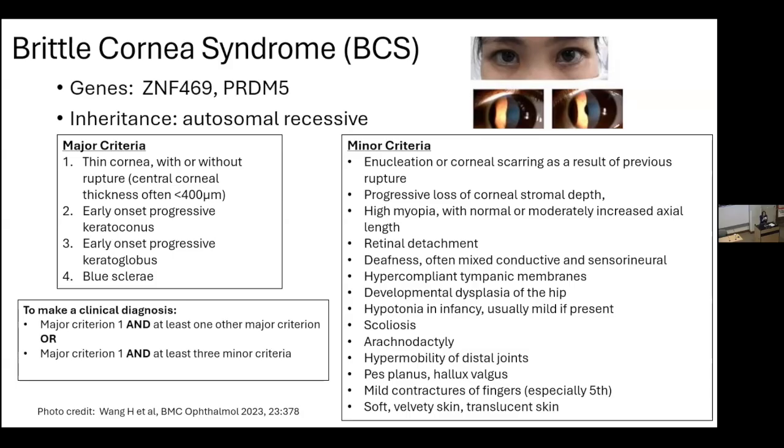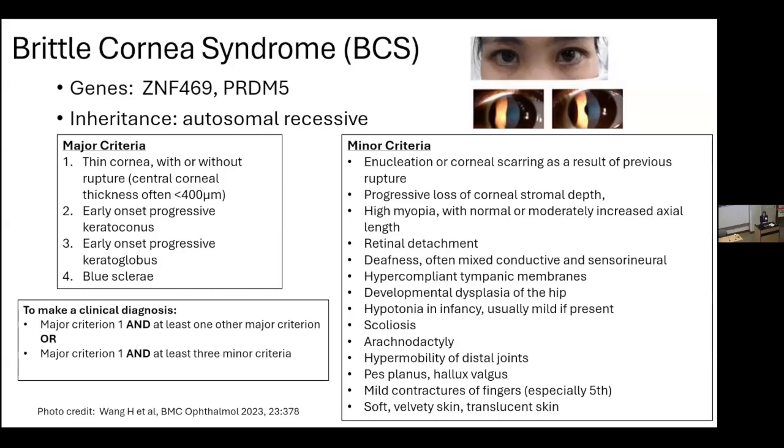And in keratoglobus, the whole cornea is kind of enlarged. It's a more global involvement of the cornea than it is with keratoconus. And then we also see blue sclerae in this type of brittle cornea syndrome.